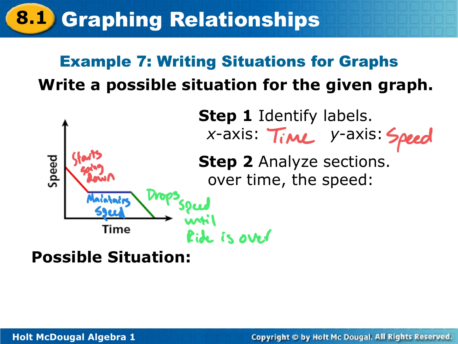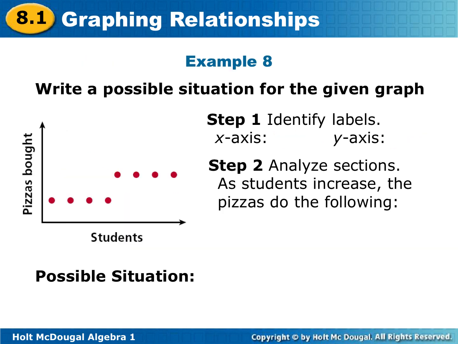Then he maintains his speed through the ride, and then towards the end of the ride he starts to slow down until eventually he stops because the ride is over. That's what you would be asked to do.